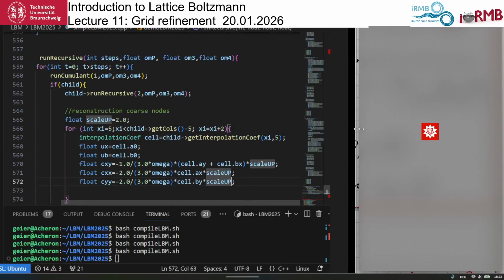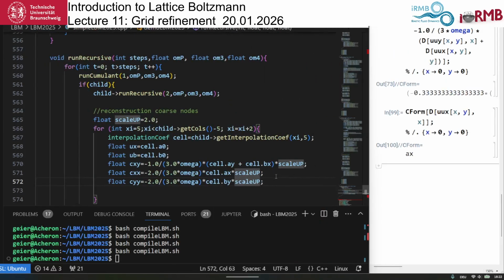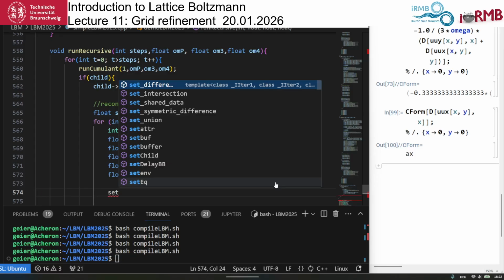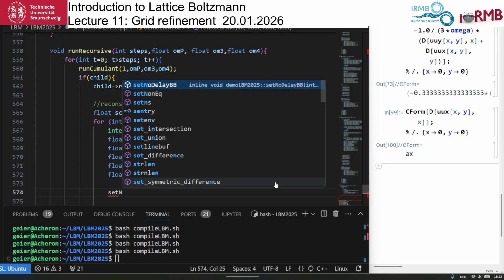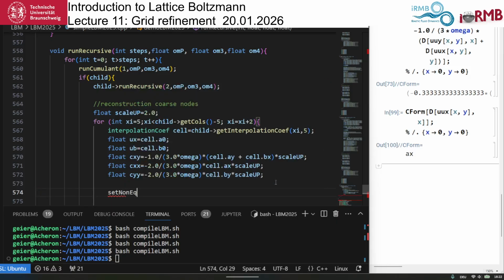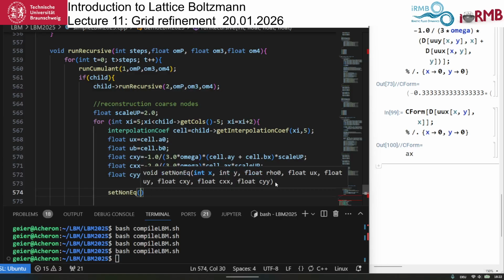Now we would be able to write this back. So this would be by set non-EQ. Now we have to identify where to set this.